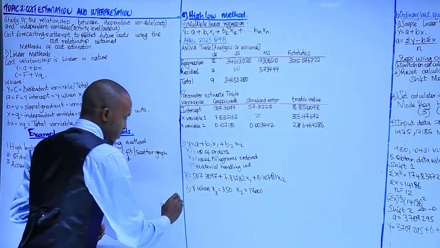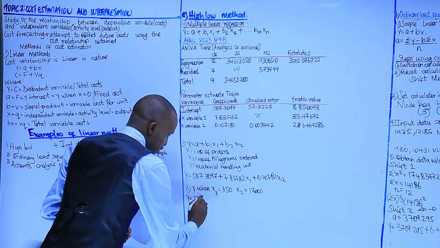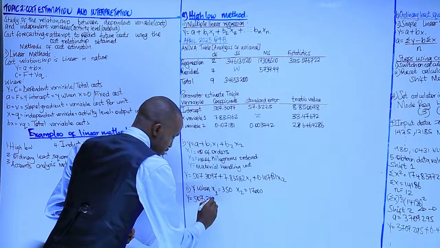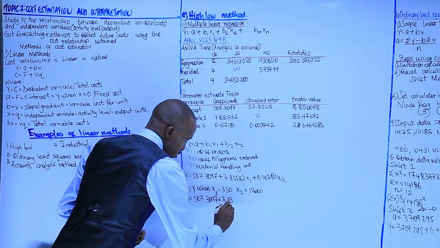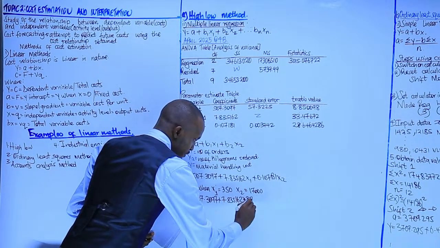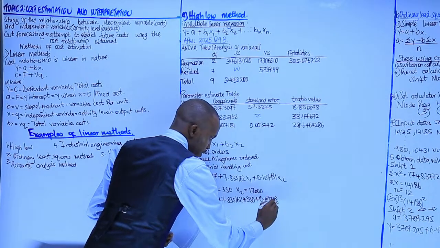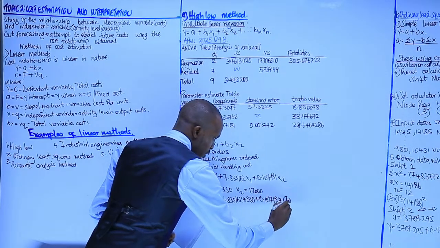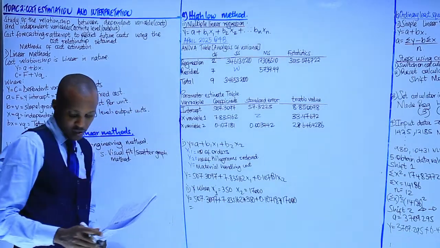So you simply now substitute the equation of Y is 507.3097 plus 7.835162 times 350 plus 0.10718 times 17,000.